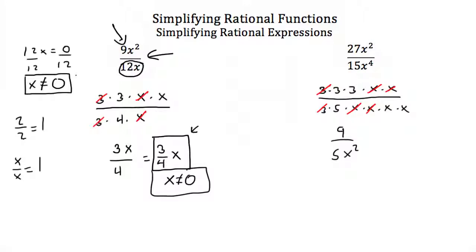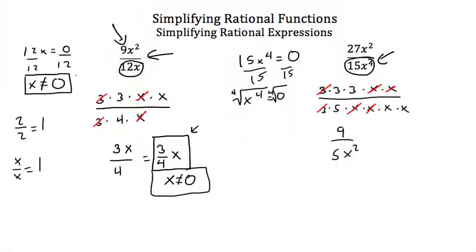But I have to go back to my original and look for excluded values. So I look at my domain. I have 15x to the 4th, and that's set equal to 0. Divide both sides by 15, and you'll get x to the 4th is equal to 0. Take the 4th root.